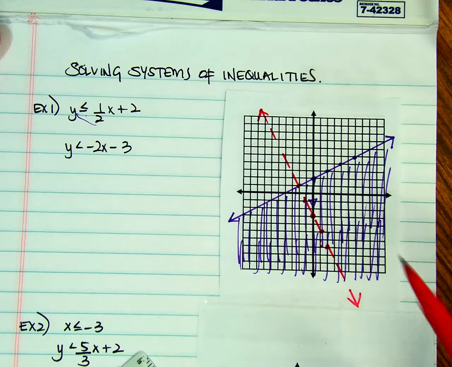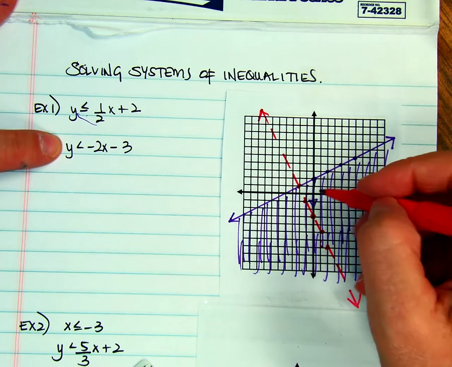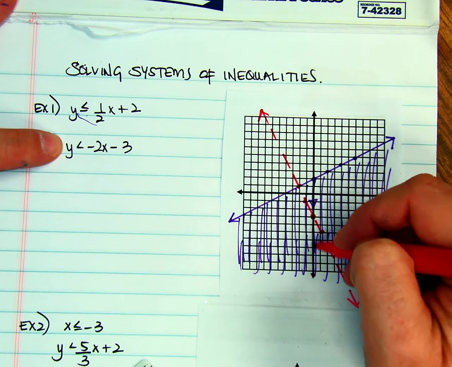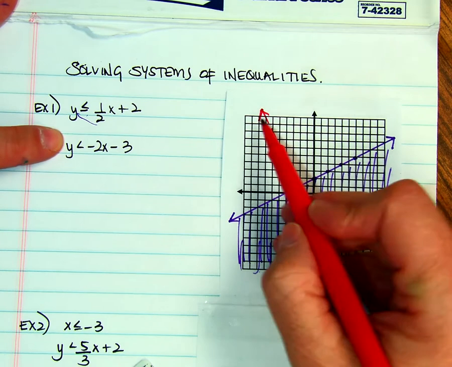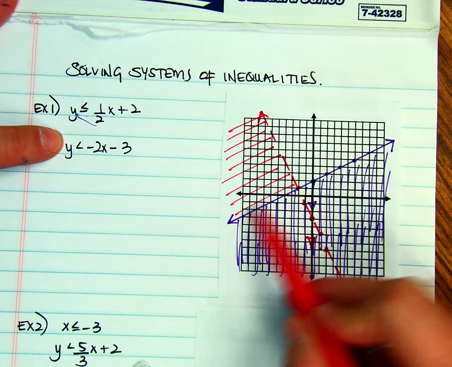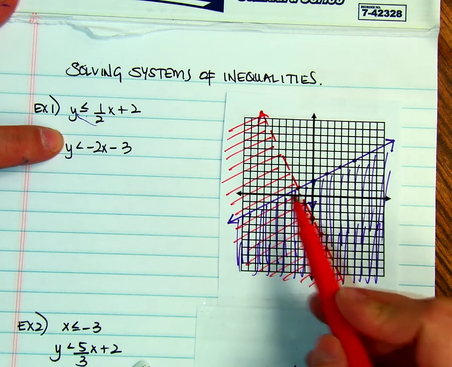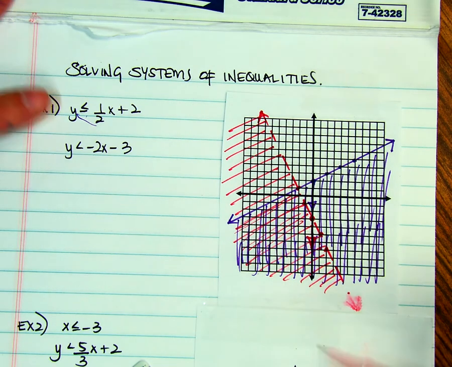Okay, and I need all the y's less than my y-intercept. Here's where I'm at, so I want all the y's that are less than. So I'm shading going this way. So notice I definitely have an overlap, and that's what I'm looking for.